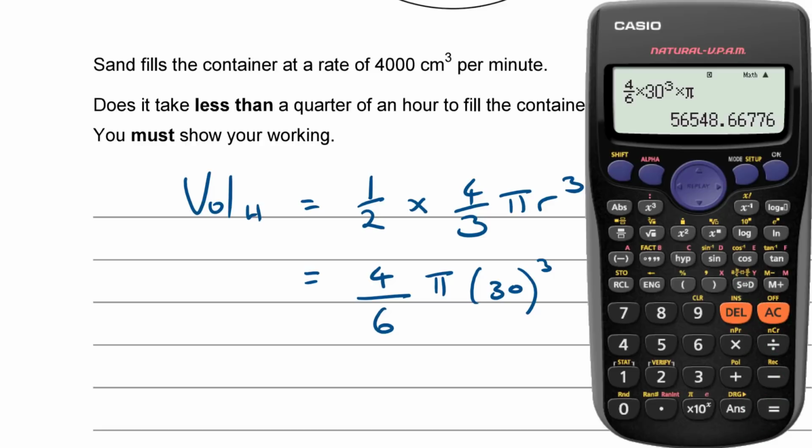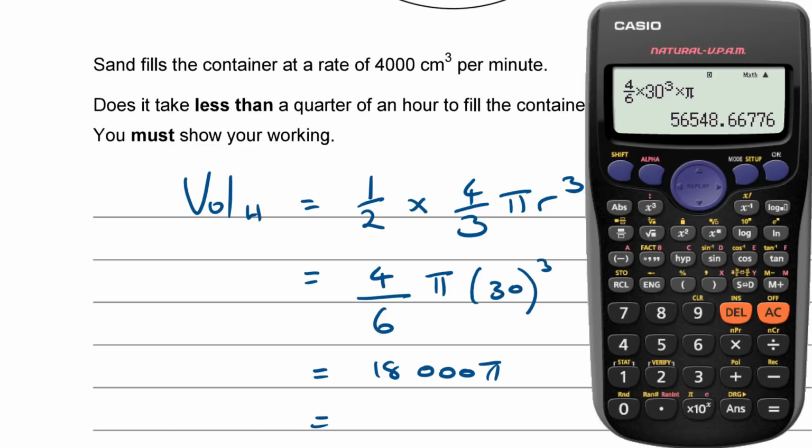Well, thank you, calculator. That's 18,000 pi, which is 56,548. Just going to write it down with pi in it in case I need to do some further calculation, and then I'll write it down as a decimal rounded off.